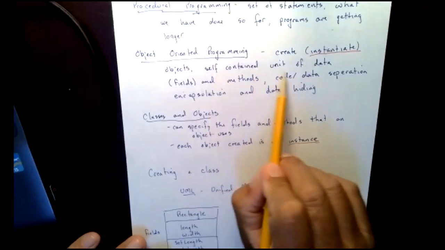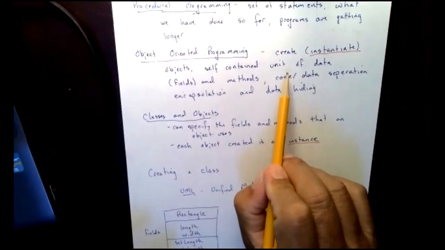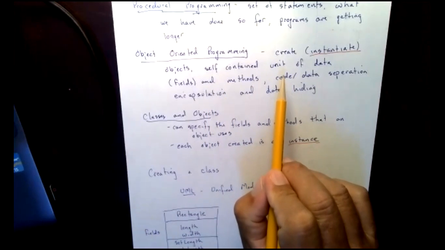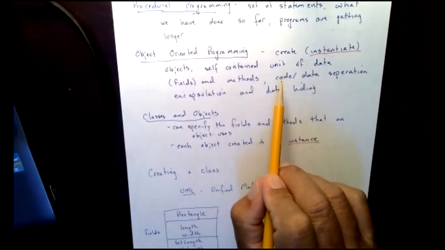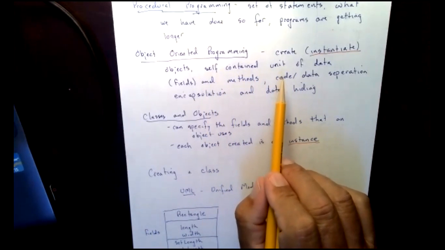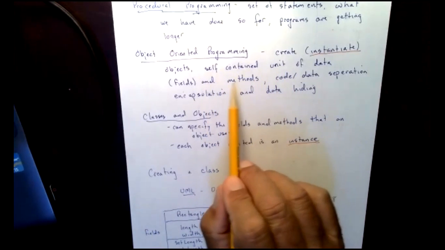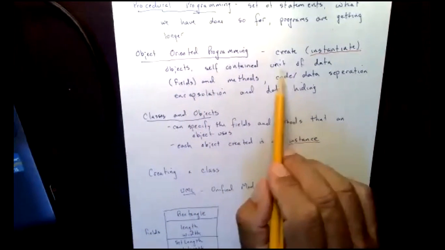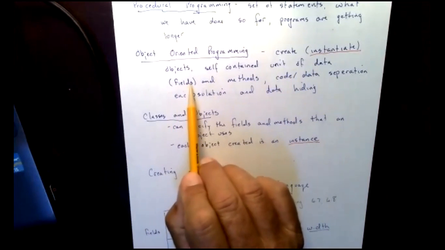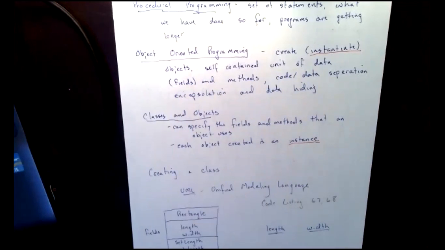Now, what is in that rectangle? Well, first of all, it is self-contained. You know, you're creating it, not somebody else, not somebody who created the string class. We're now creating our own class. What's going to be inside of our class? A bunch of fields, which are different types of data. And fields are just variables. Anything that we've learned so far, we can put inside of there.